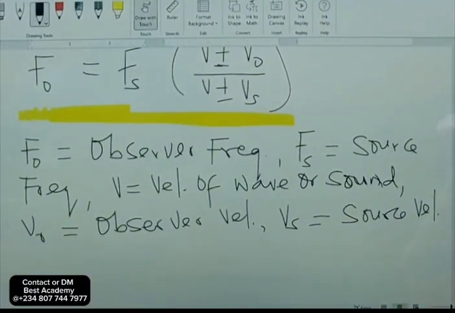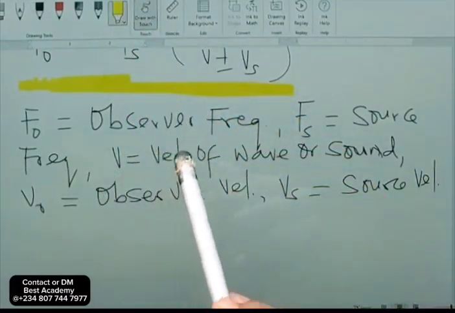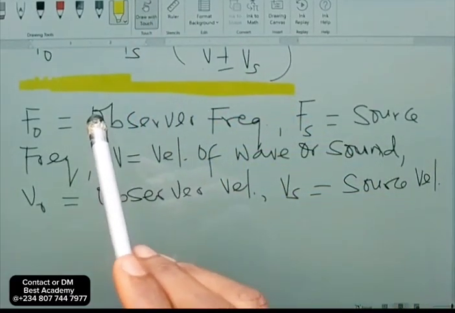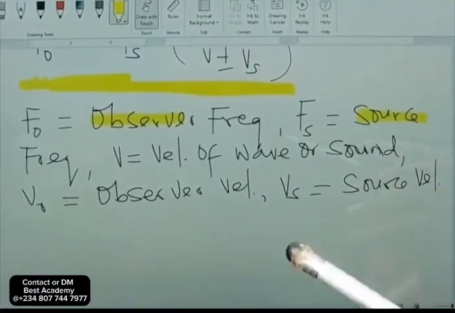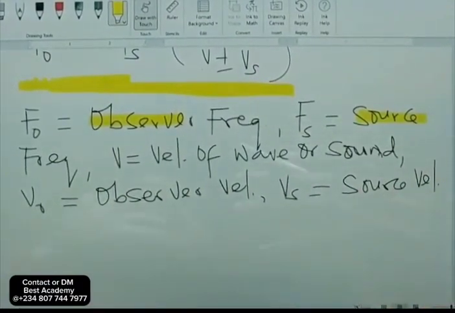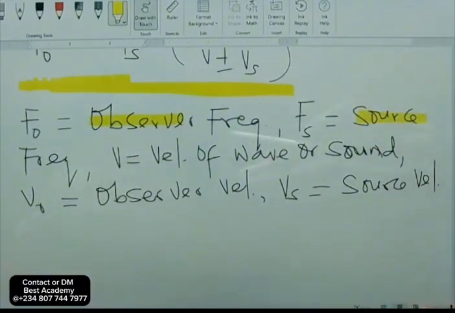Now the next thing we are going to look into here is the definition of observer and source. So let's know who a source is. Source can either be an object or a person. Please take note. The source is the producer of sound.